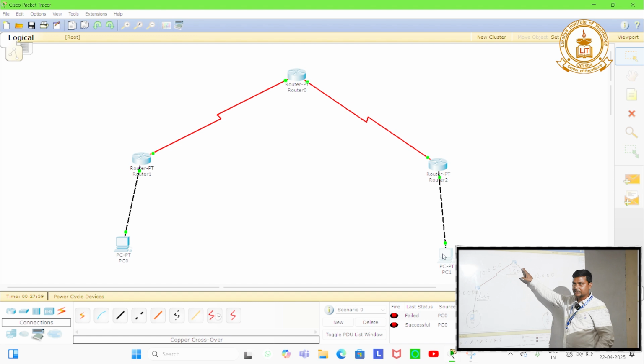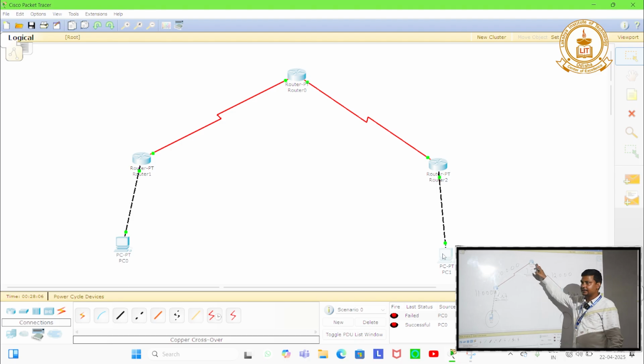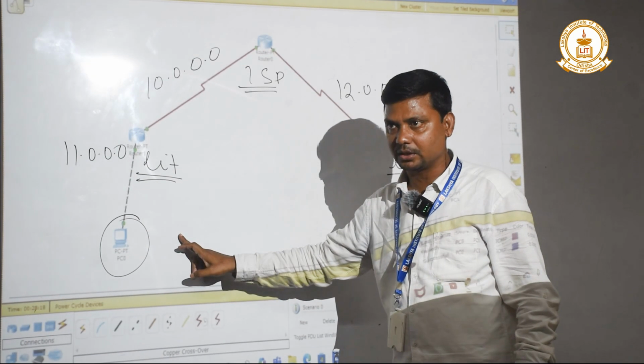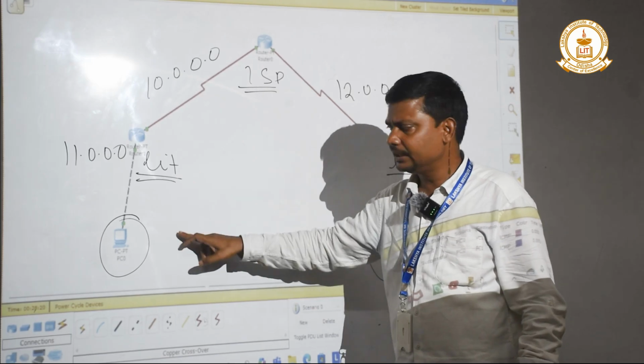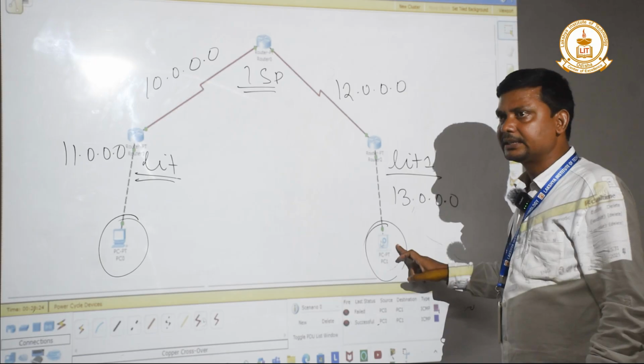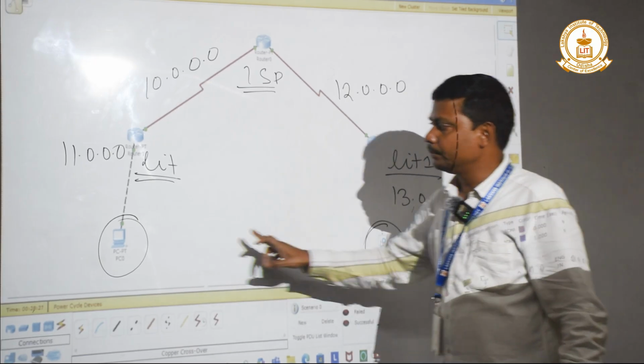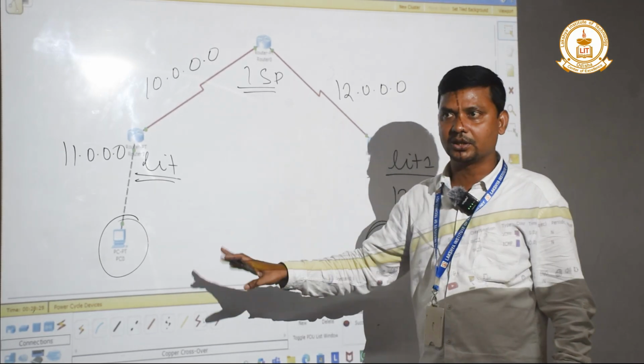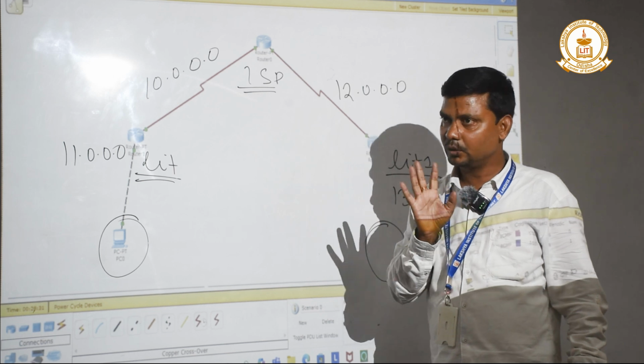We are using an ISP, an Internet Service Provider, connecting LIT and LIT1 to the ISP. One company, two locations, and every host machine is interconnected with each other. For example, one HR manager sits in Bhubaneswar and another sits in Calcutta, and both computers are interconnected because it is one company. Clear?